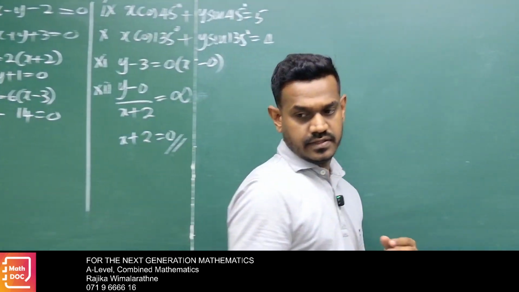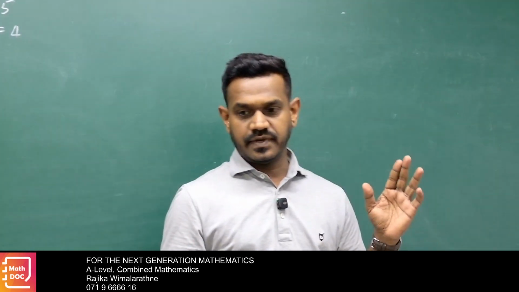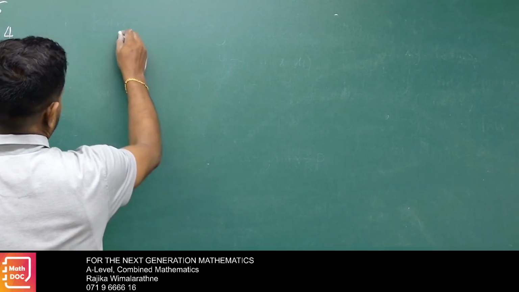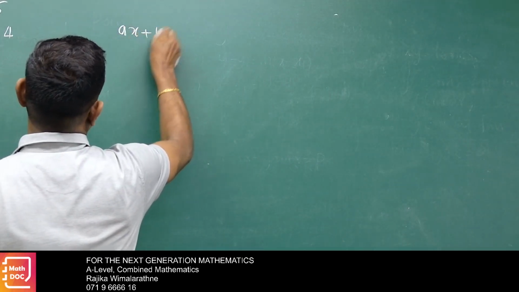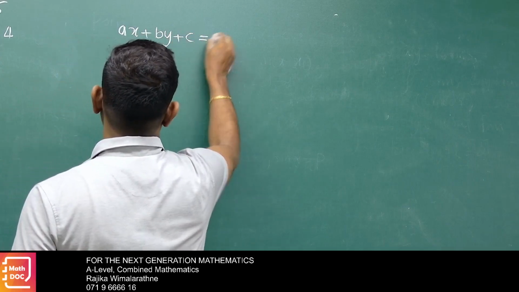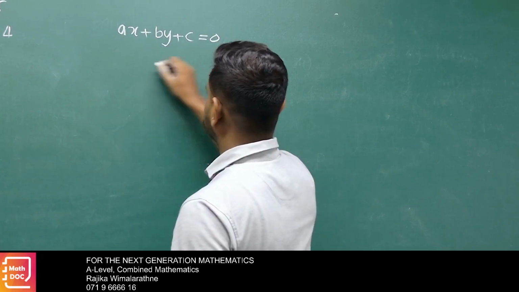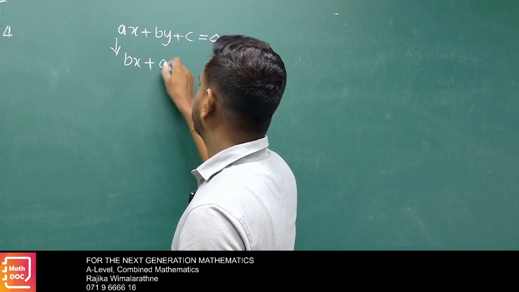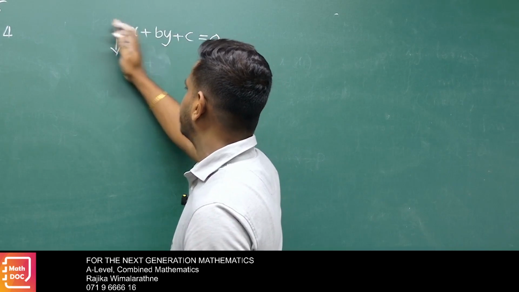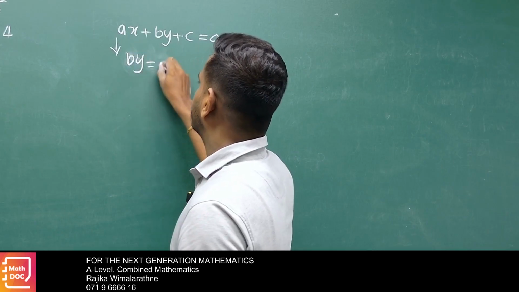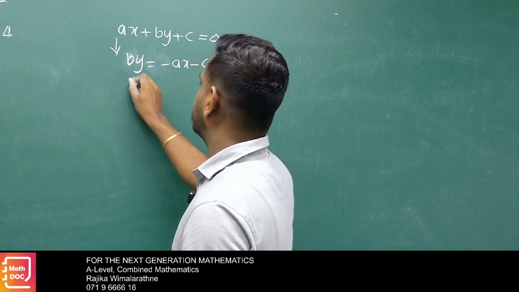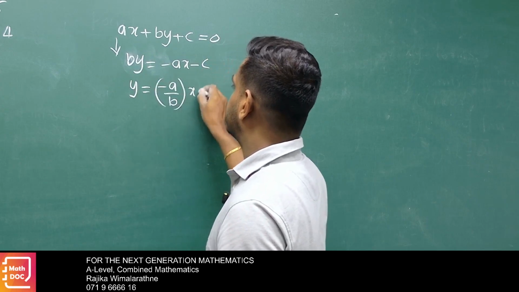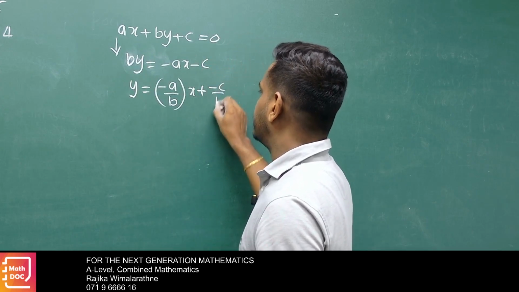Okay. Now you see different conversions of the general form. Consider ax plus by plus c equals 0. So here, first conversion: by equals minus ax minus c, then making y the subject, y equals minus a over b x minus c over b.